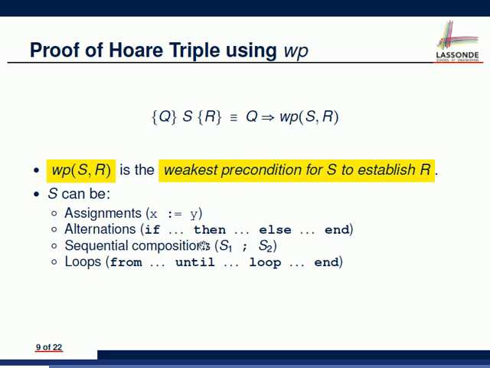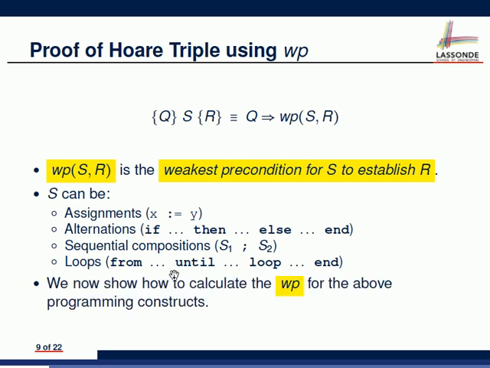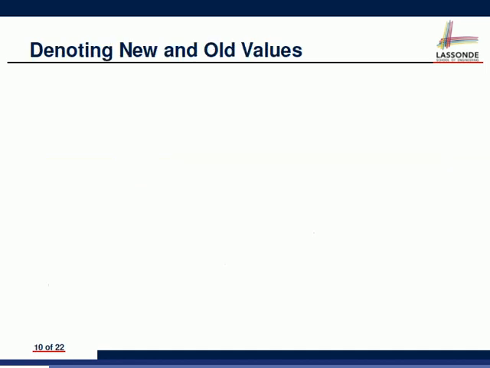And then we got loops. So I'll come to loops on Wednesday, maybe the second half. Now, let's see how we can do the weakest precondition calculation. Let's do it in this order: I'm going to show you assignments, alternation, sequential composition, and then I'll do loops. Let's see how much we can do today, and then we'll do exercises as well.